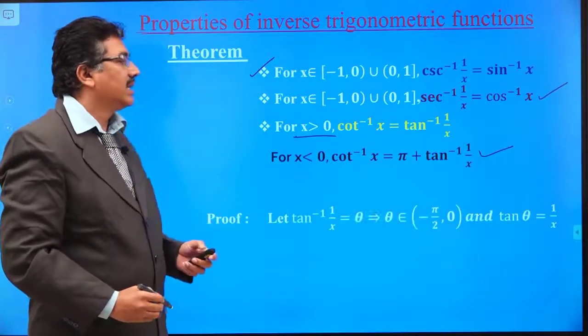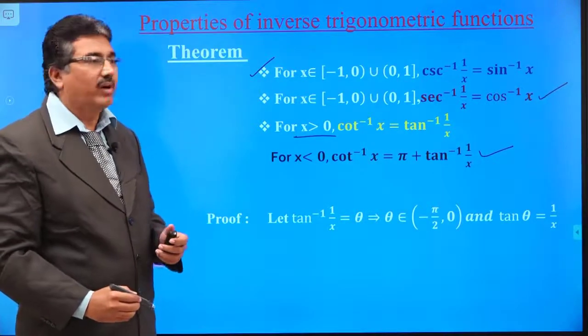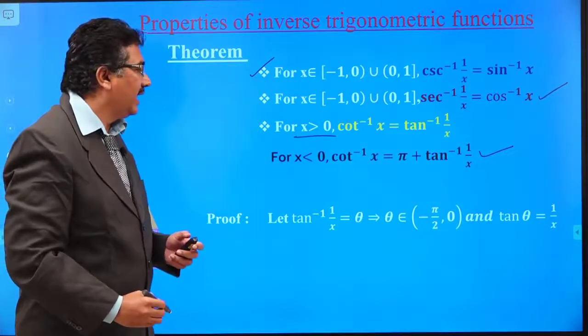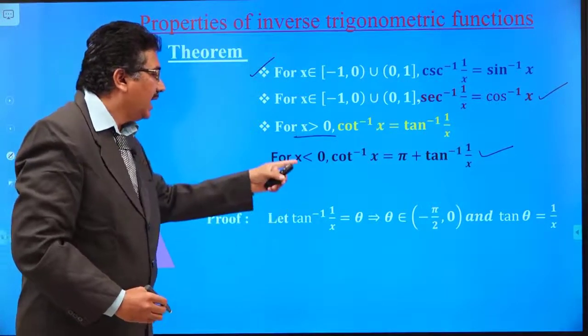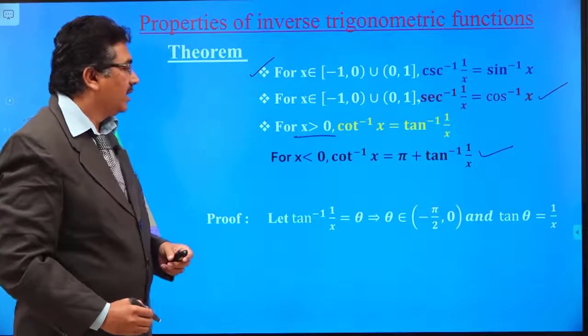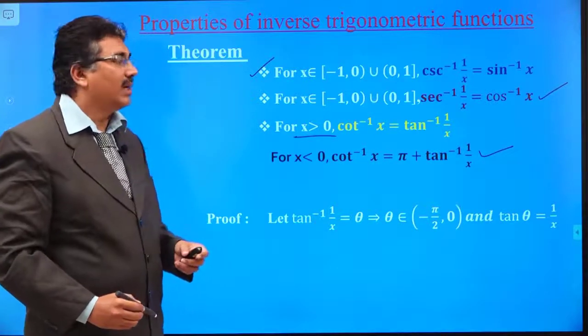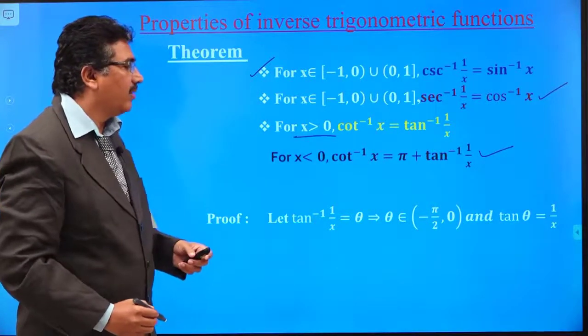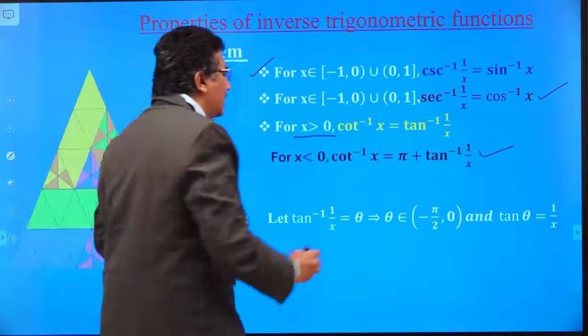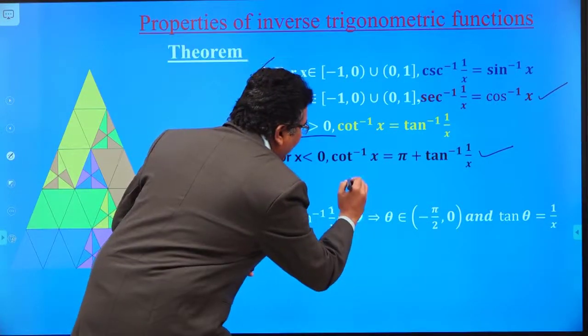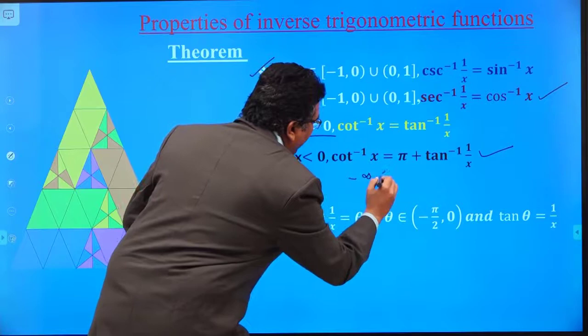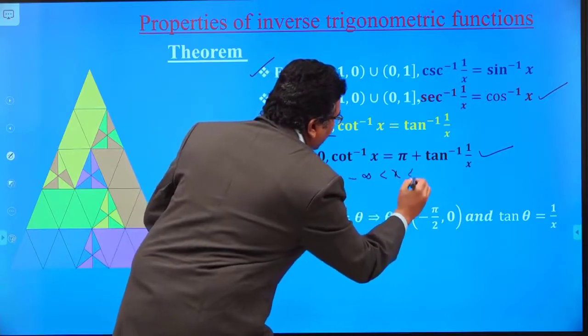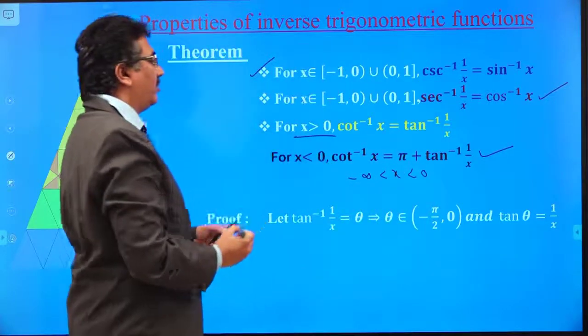Let tan inverse 1 by x be equal to theta. Here x is less than 0. That implies theta belongs to the open interval minus pi by 2 comma 0. x less than 0 means minus infinity less than x less than 0.